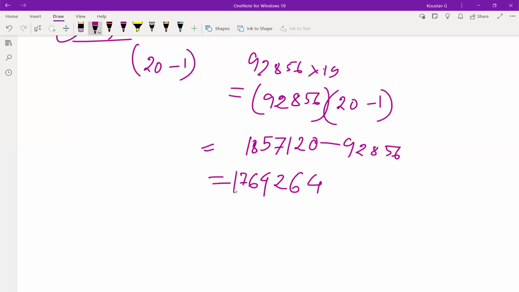Suppose you want to multiply two numbers, both of which are close to the same power of 10.